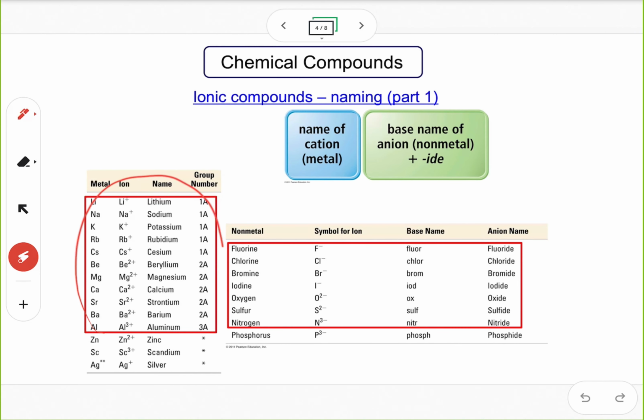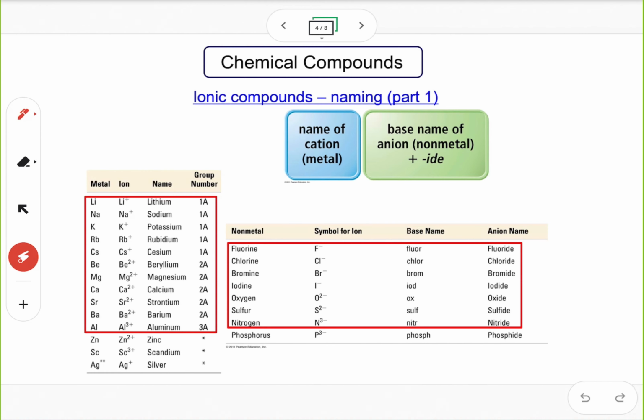Here, these are some very common cations with just one element. And here on your right, these are some simple anions with only one element. If you take a look at these metals, these are all main group elements. Okay, main group metals.